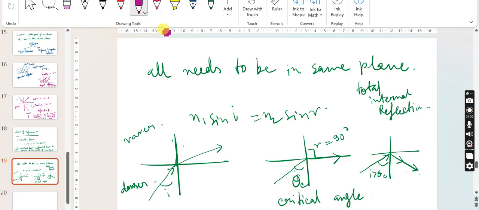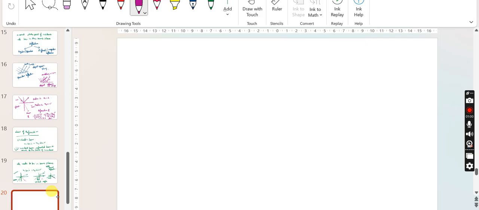In all these cases, reflection is happening no matter what happens with the refracted ray. But in the case of total internal reflection, there is no refracted ray in the second medium, because light is going from a denser to a rarer medium, and all the light stays in the first medium only.